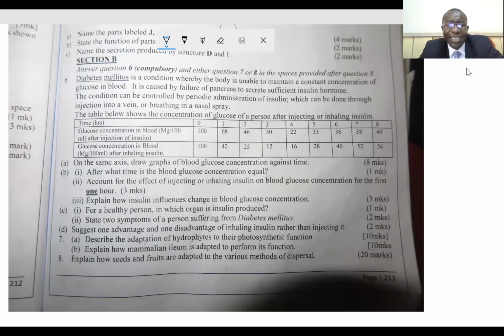On the vertical axis, I would write glucose concentration in blood, and then open a bracket and write the units: milligrams per 100 ml. And then I finish what we call labeling of the axes.